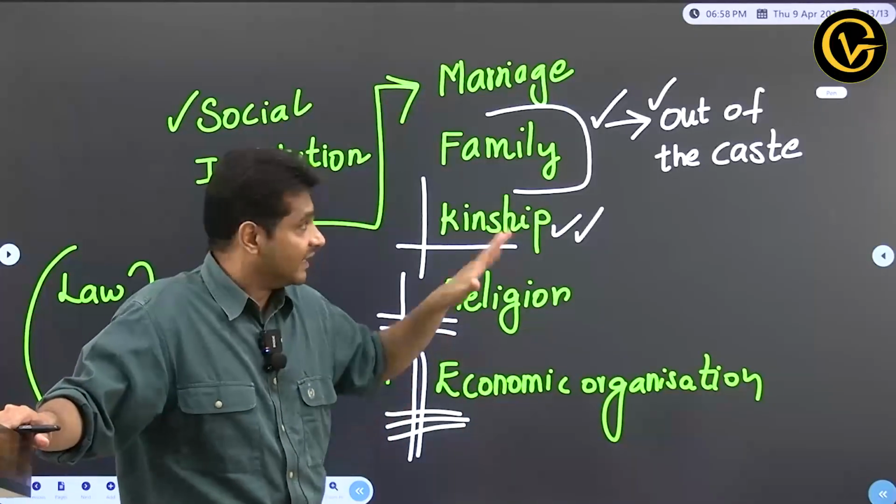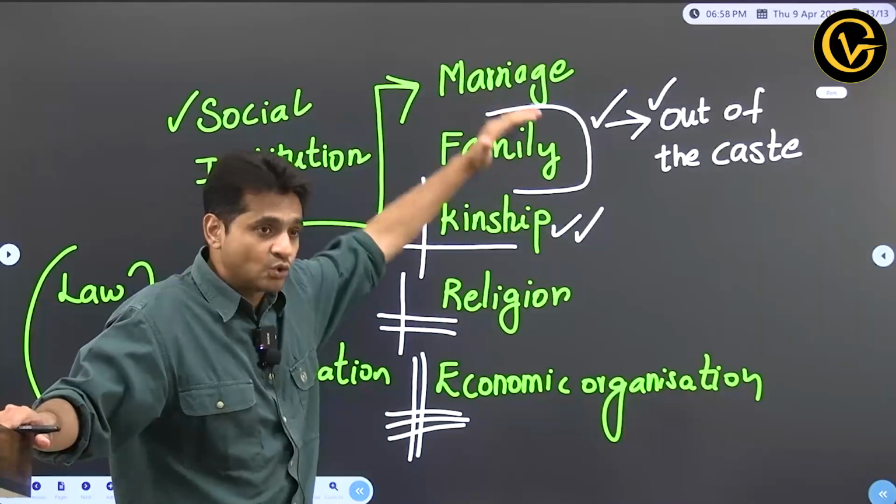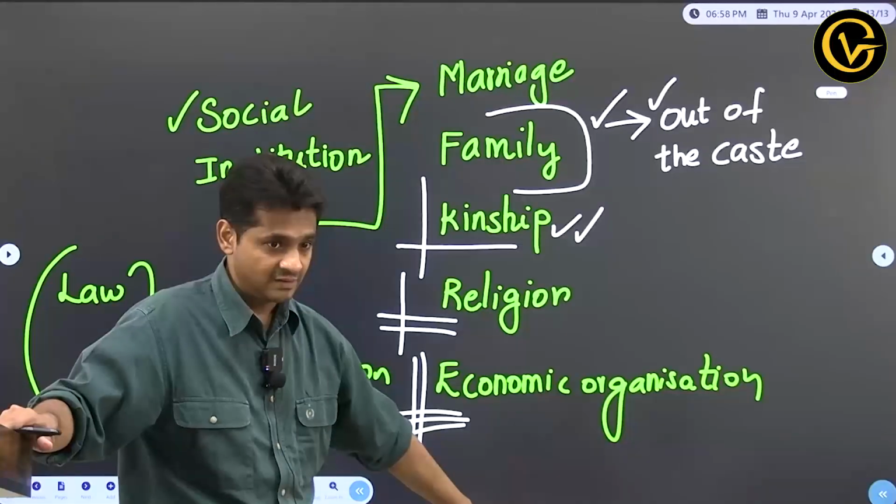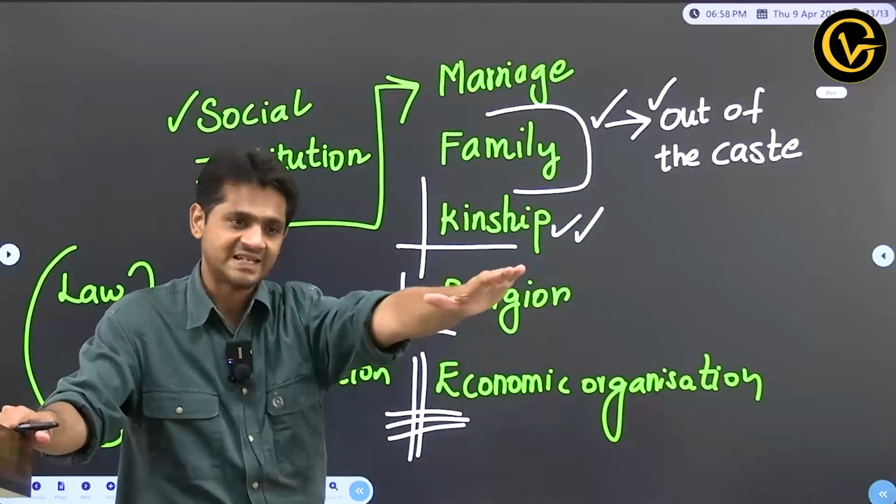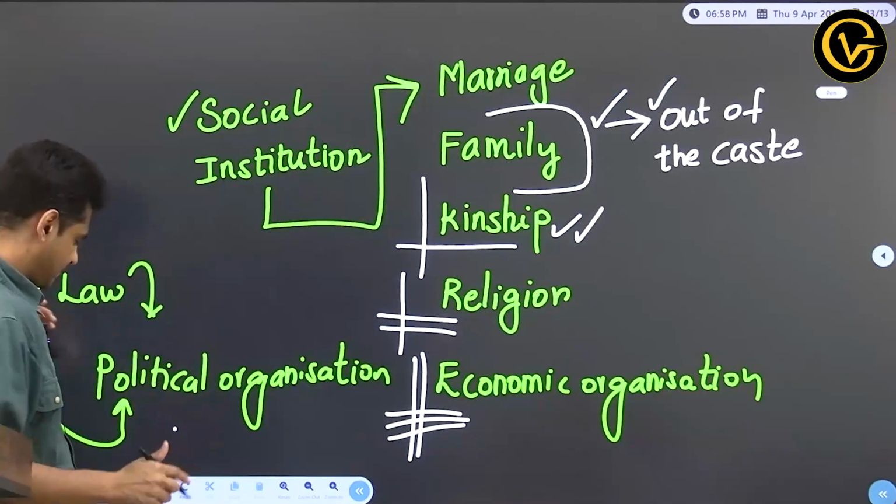So the point I am trying to highlight after this discussion is, in the present times, the ability of the social institutions to control the individual's actions is declining. Try to understand that point.